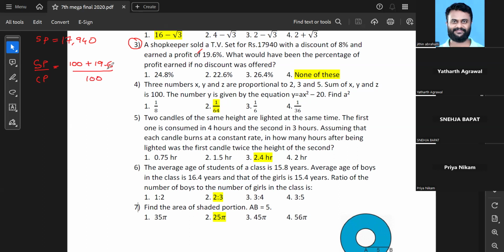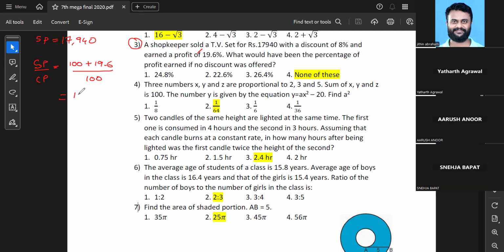So this technique you can simply remember. Selling price upon cost price will be equal to 100 plus profit upon 100, or 100 minus loss upon 100, whichever it is. This ratio is very easy and will make our lives easier comparatively.